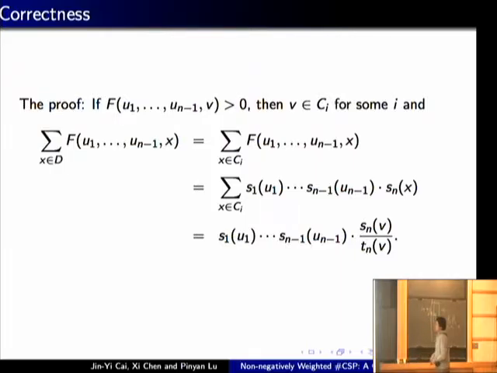First of all, because f of uv is positive, we know that v must be in one of the blocks. If v is not in any block, then the whole column of v is 0, so this cannot be positive. So let's say v is in block i. Then because f of uv is positive, we know that u is a row of this block. So u is somewhere here.